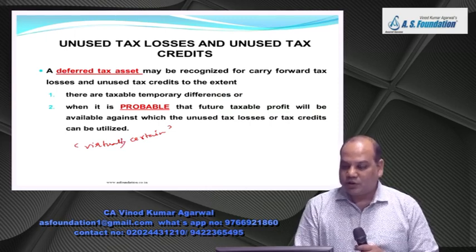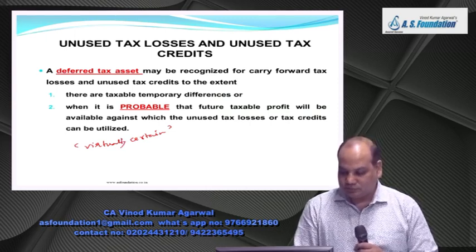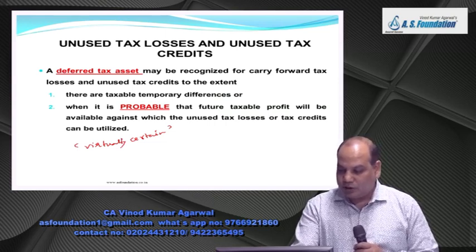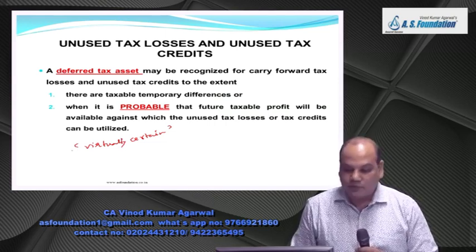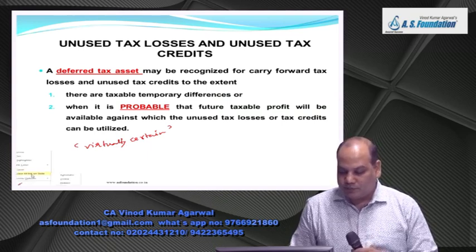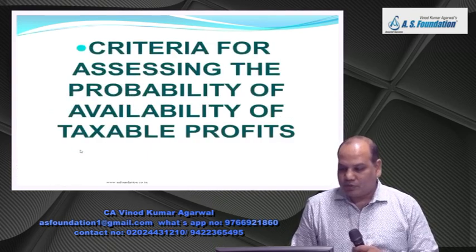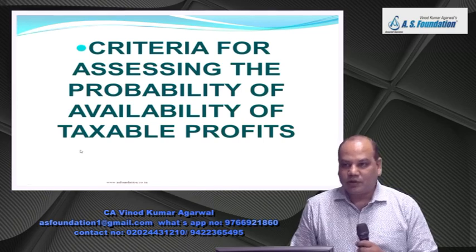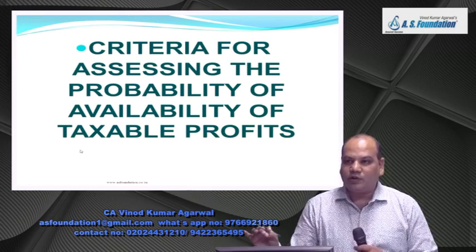Whereas this standard only says when it is probable that future taxable profit will be available against which the unused tax losses or tax credit can be utilized. That means if you have enough profit in future against which this tax can be reversed, you can create the DTA.